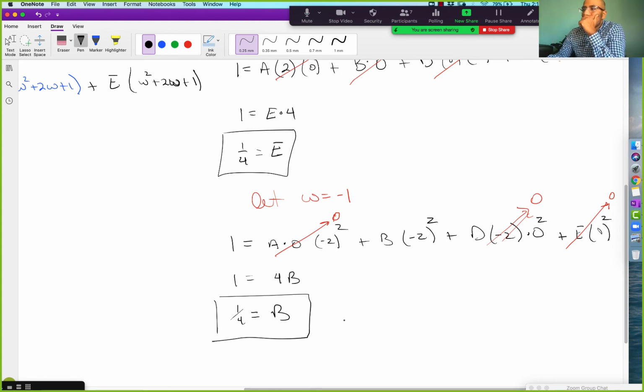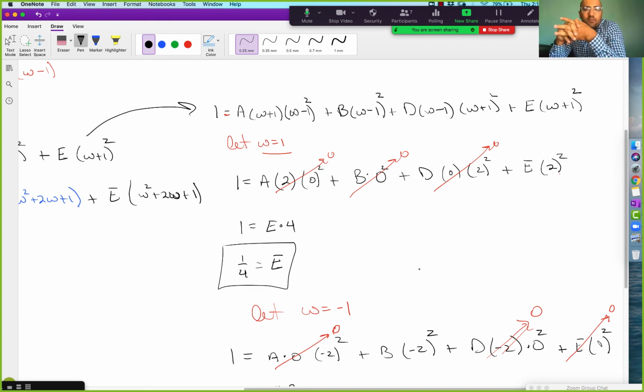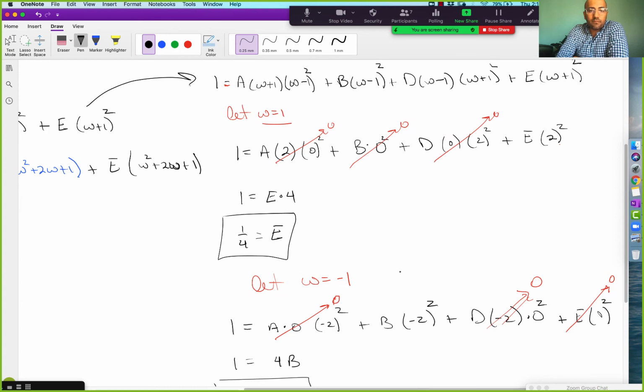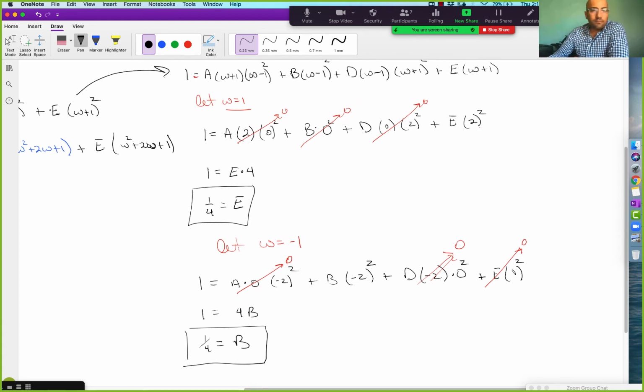But now, what do we do? What else would be a good substitution? Well, we've tried 1, we tried -1. A good one to try is 0. If we let w equal 0, things simplify easily. So let w equal 0.